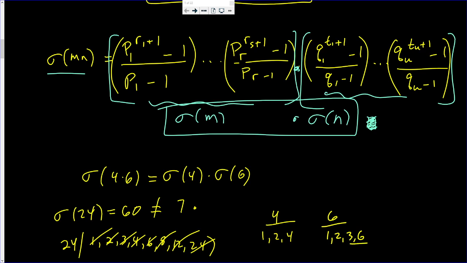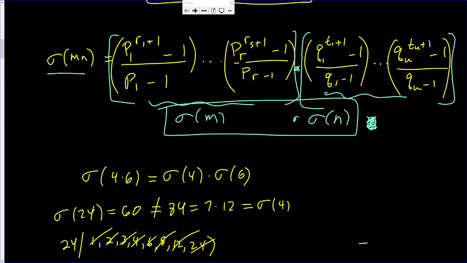And if I remember correctly, this was 12. 7 times 12 is 84, which is sigma of 4 times sigma of 6.